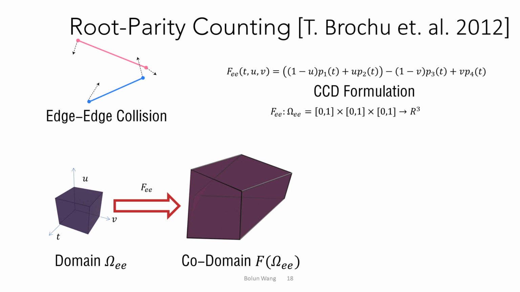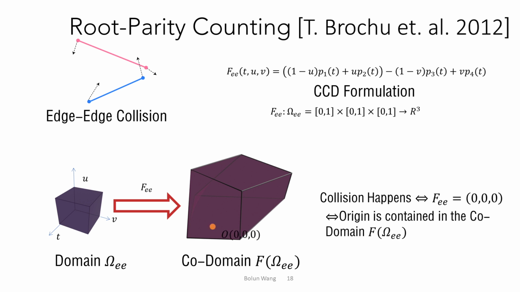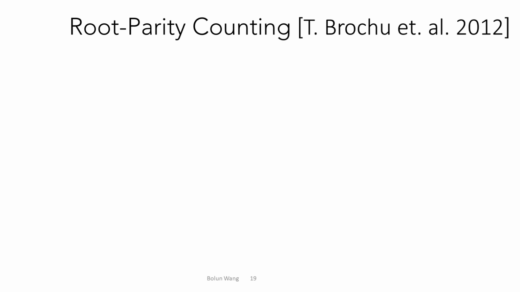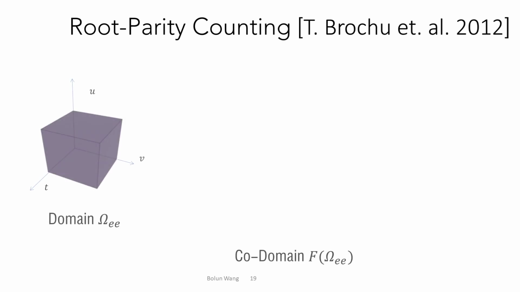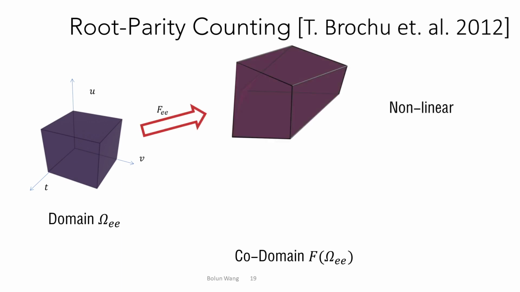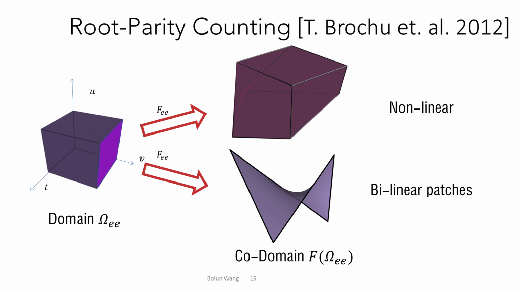Checking if collisions happen can be done by checking if the origin is contained in the hexahedron. However, this is not an easy task. Since the mapping is nonlinear, it may contain multiple roots, and F_EE maps the boundary of the domain as bilinear surfaces, which makes the shape of the hexahedron complicated.